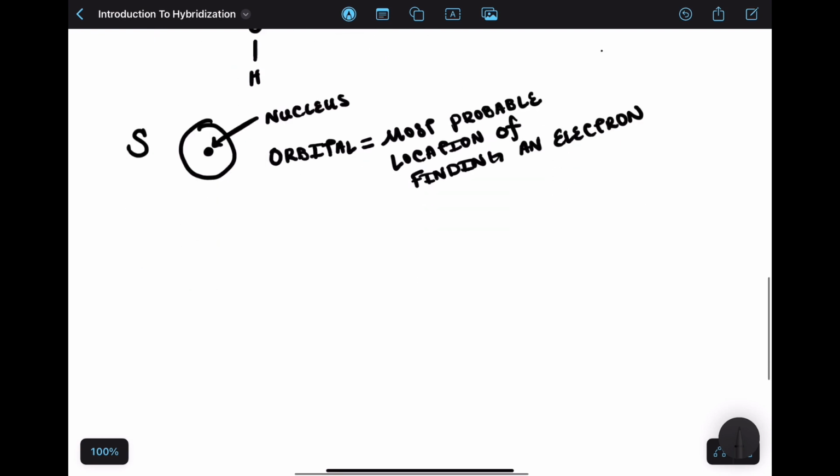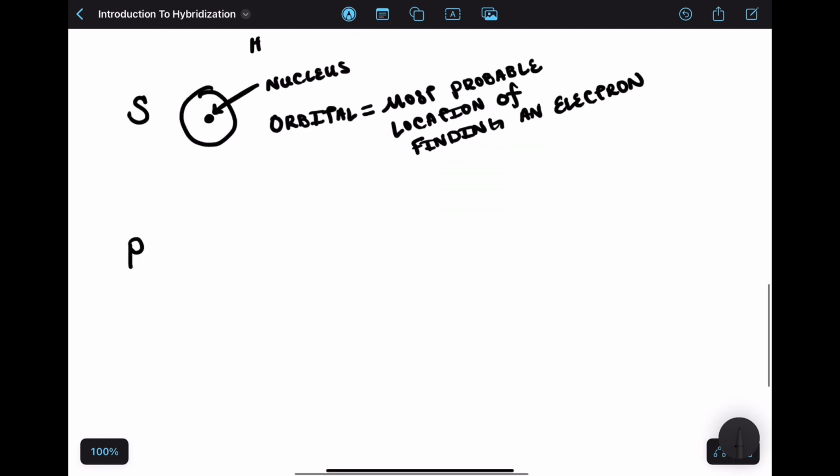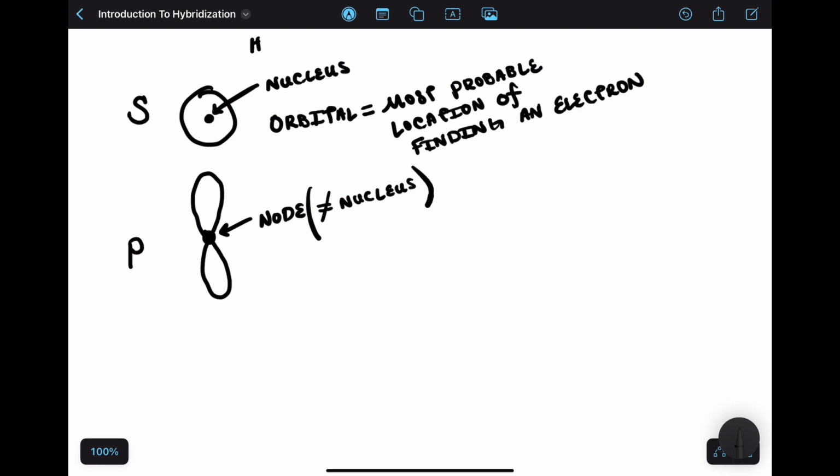Okay? And so for the p orbital, there's a node in the middle. A node is not a nucleus. It's not a nucleus, but a node is essentially the absence of electron density in that space. There's absolutely 0 probability of finding an electron there.